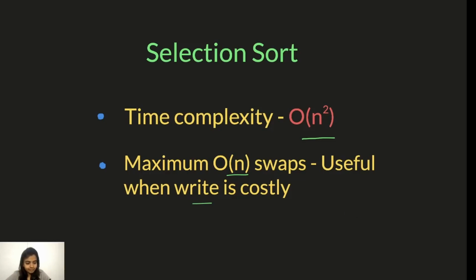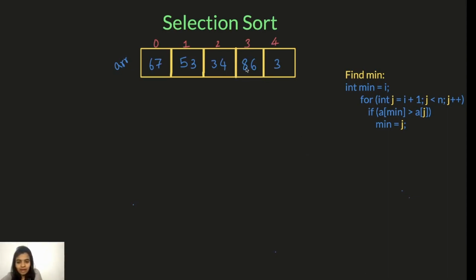Okay, so here we have an array, and all the elements here are in jumbled order, and these are the indices of the array. Okay, and we'll name the array as R. So now I'll tell you how selection sort works overall.